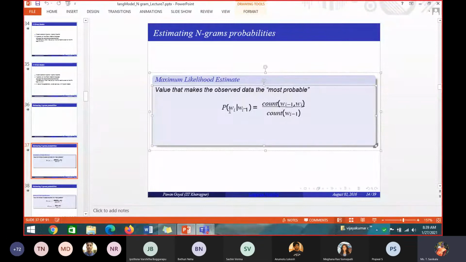What is the probability of the word WI given the previous word WI minus 1? In my corpus, I have to count how many times the word WI minus 1 occurred, and among those, what fraction of times WI occurred after WI minus 1.